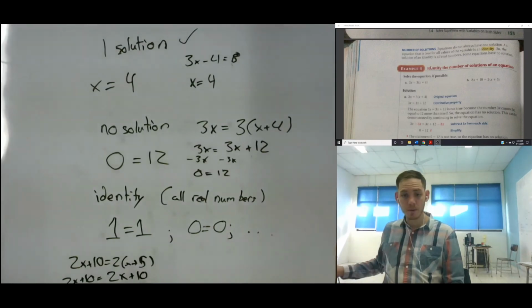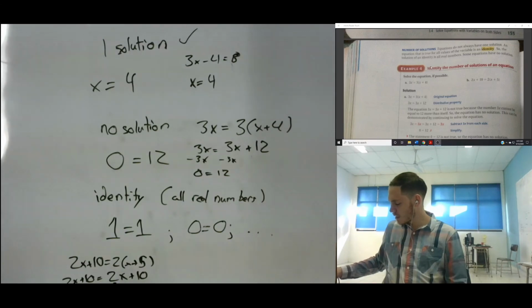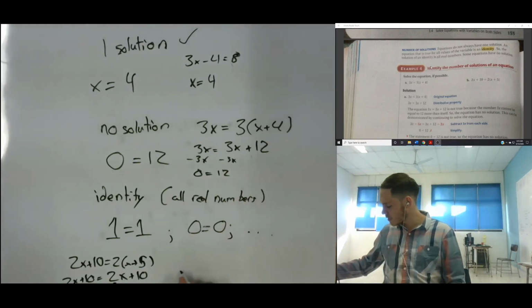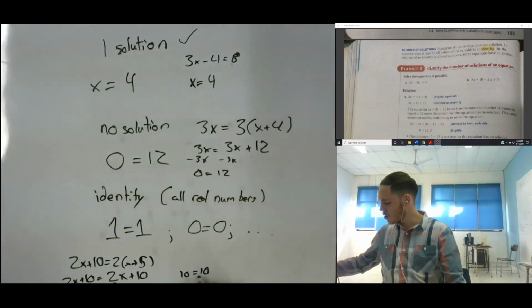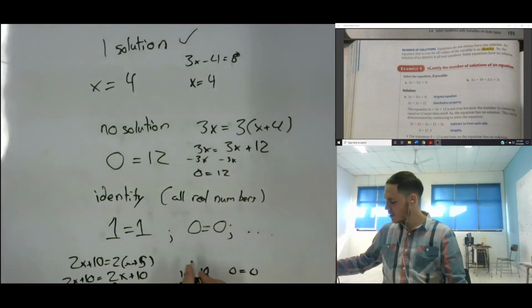Is this the same on both sides? Yeah. So no matter how you solve this, it's going to get the same thing, right? Subtract two x's, you get 10 equals 10, which is our identity, or you subtract the 10s and get 0 equals 0. Either way, this is the identity.